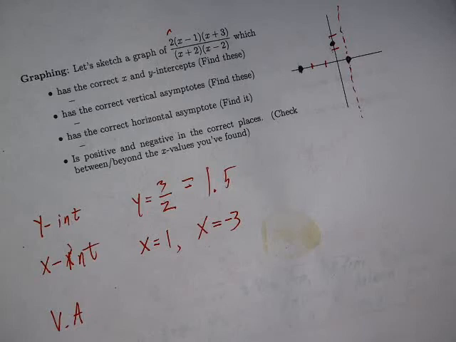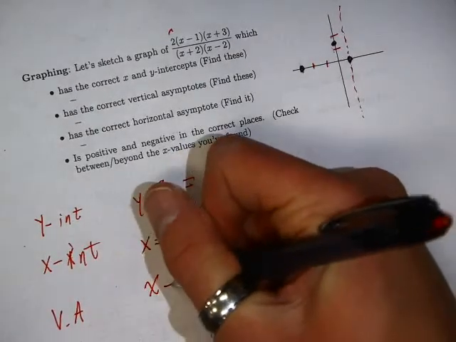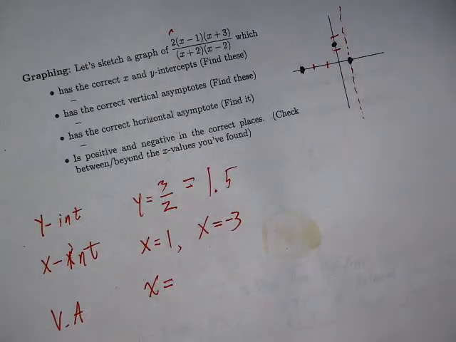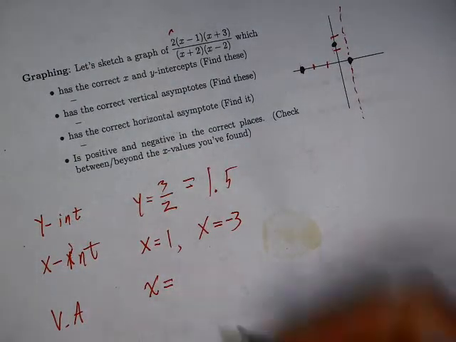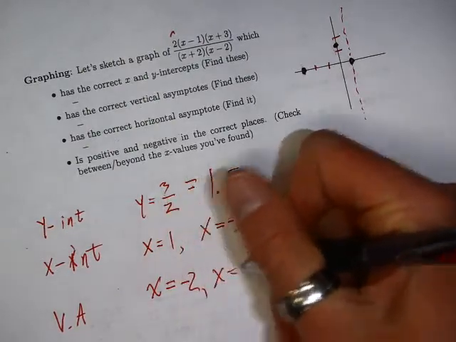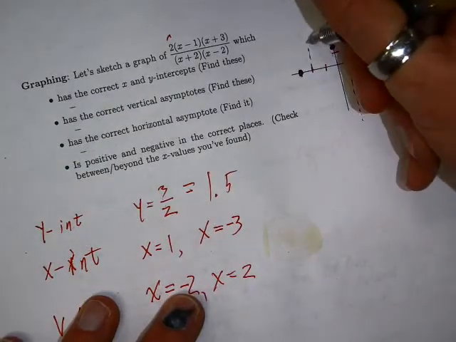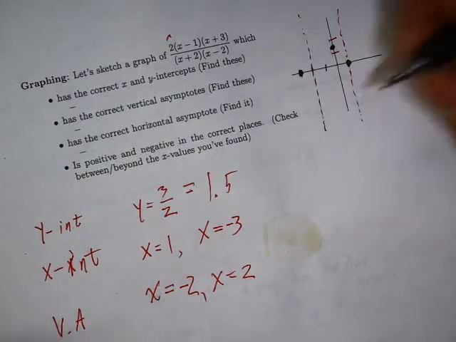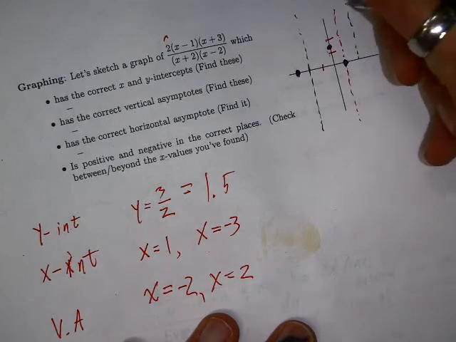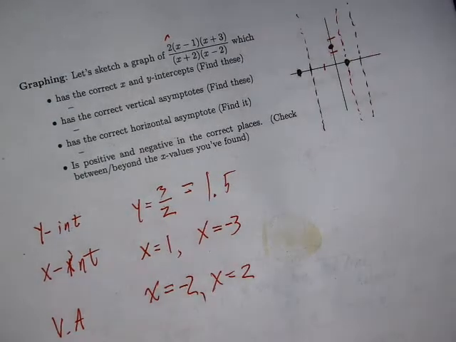Where are the vertical asymptotes of this function? Negative 2 and positive 2? So let's draw those. One of them at x equal to negative 2. One of them at x equal to positive 2. And now horizontal asymptotes. And maybe I'll talk through this one in full detail.